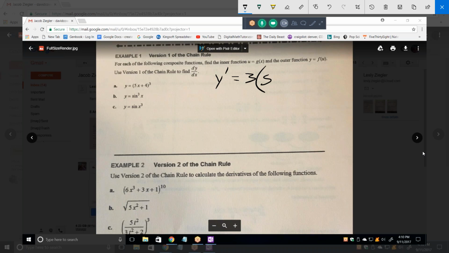So that's 5x plus 4 to what power? Second. Okay. Now what's the derivative of the inside? 5. Just 5. And there's your answer. Now you can multiply 3 times 5, so you get 15. But that's your answer.